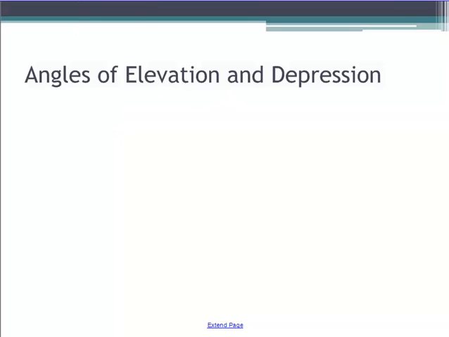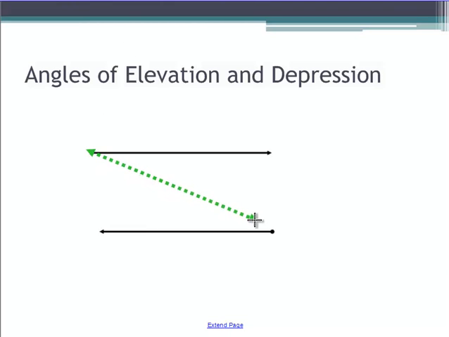So let's draw a couple straight lines for a second. From this point, let's draw a straight line out, and then from a point down here, let's draw a straight line this way. The line that's in between those is the line that you would be looking down, or the line that you would be looking up from.